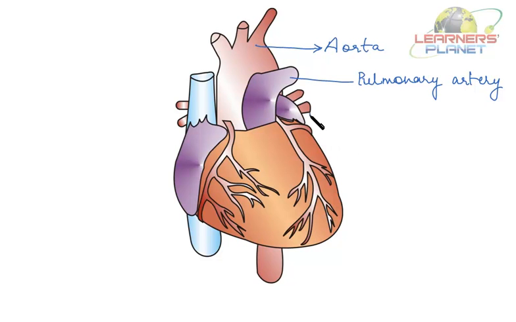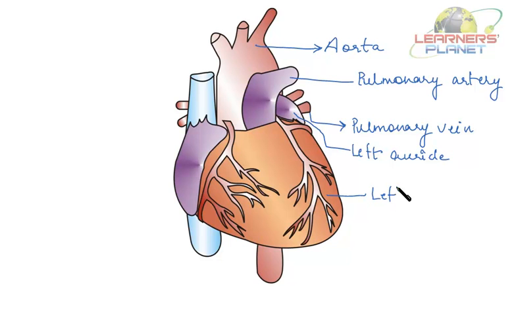Then here comes the pulmonary vein. Then here, this one is the left auricle. This is the left ventricle.